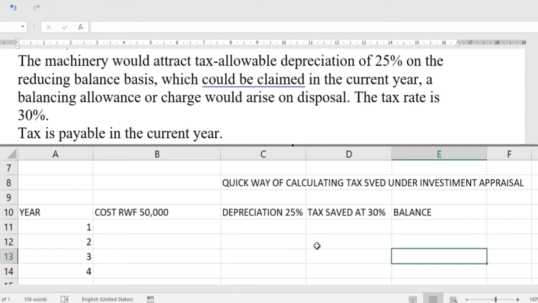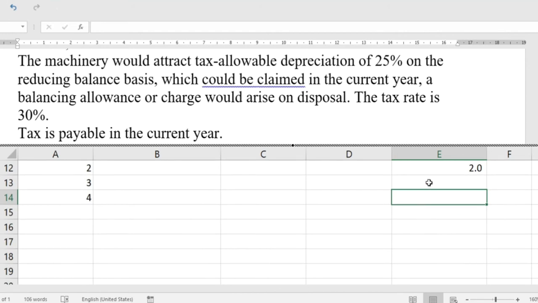We start here. We have our cost, and we calculate years 1, 2, and 3.